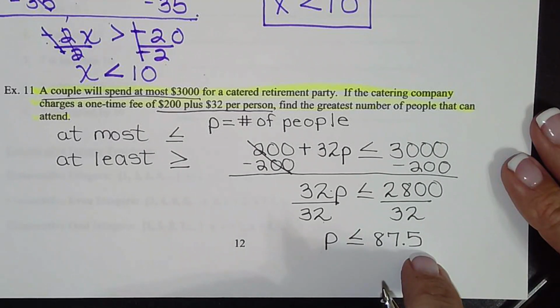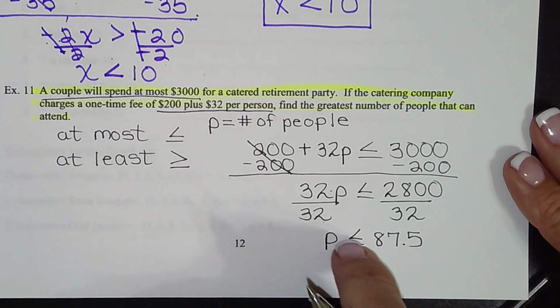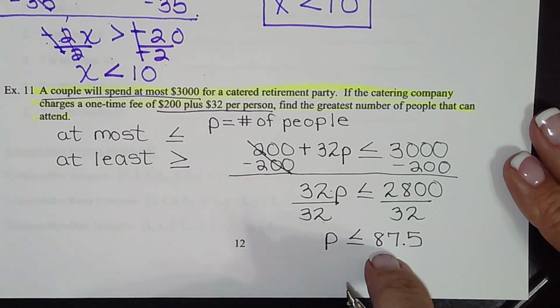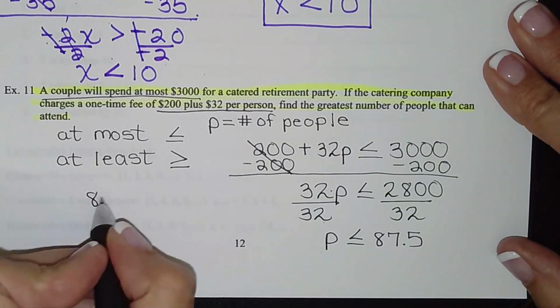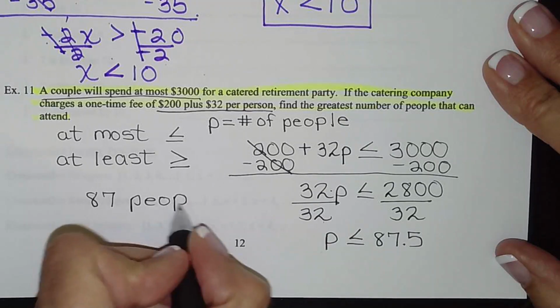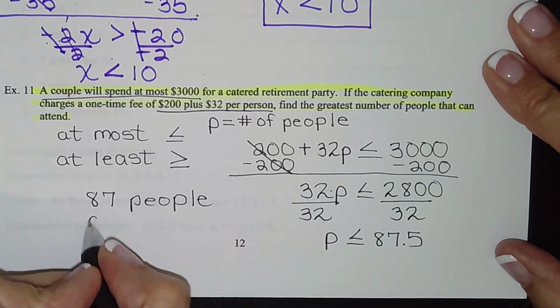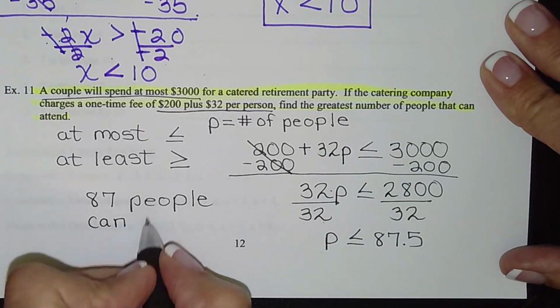So you can't pick 88, because that would be your instinct, right? To want to round this to 88? No, this says less than 87.5. So we can only pick 87. So 87 people can attend if they want to keep their budget at 3,000 or less.